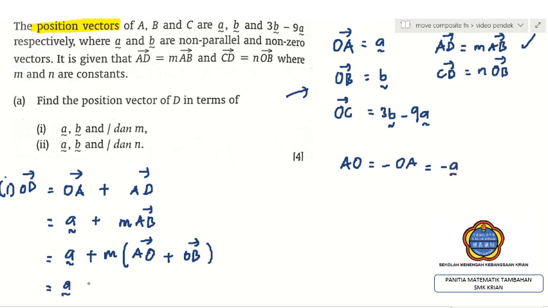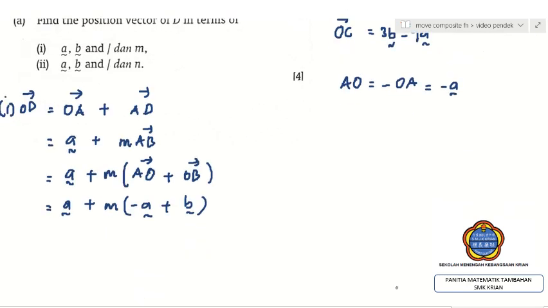So it is A plus m bracket, AO is negative A, plus what is OB? OB is B. Now solve until we get the simplified answer.